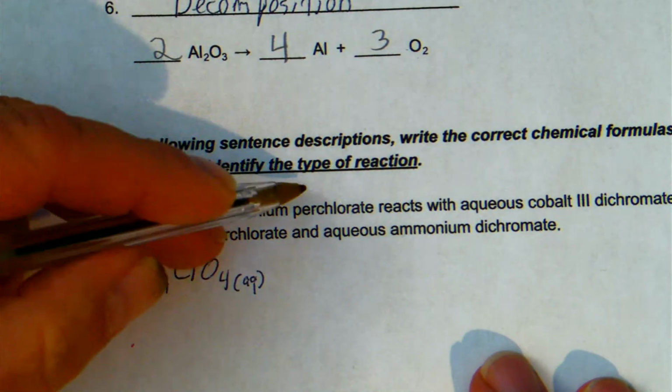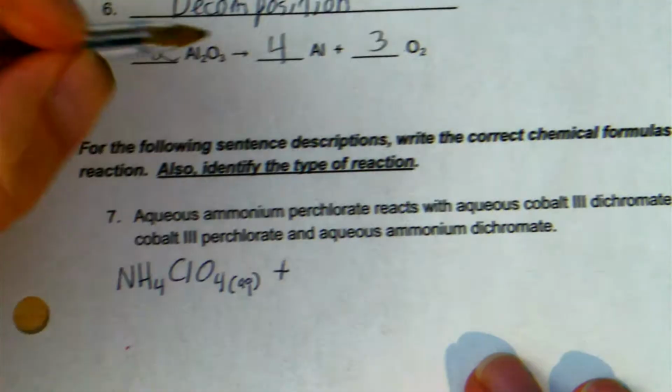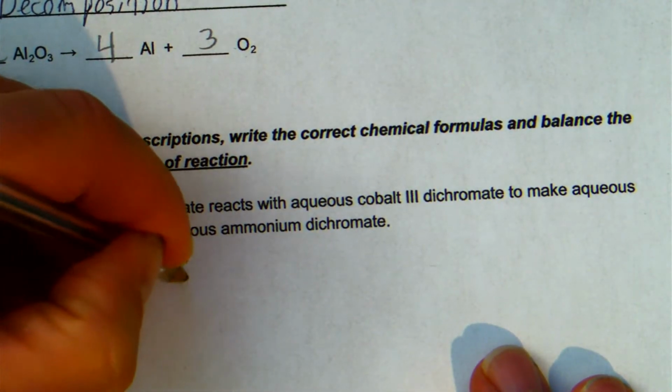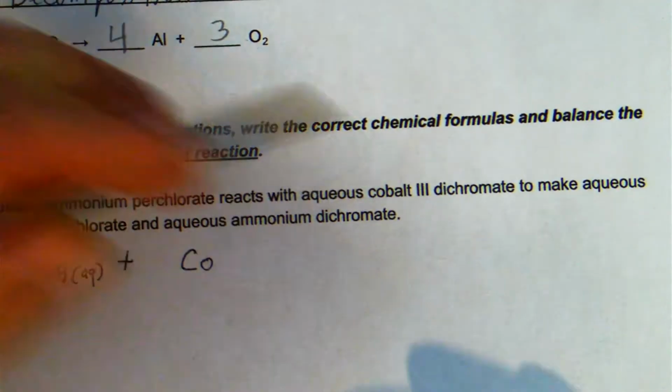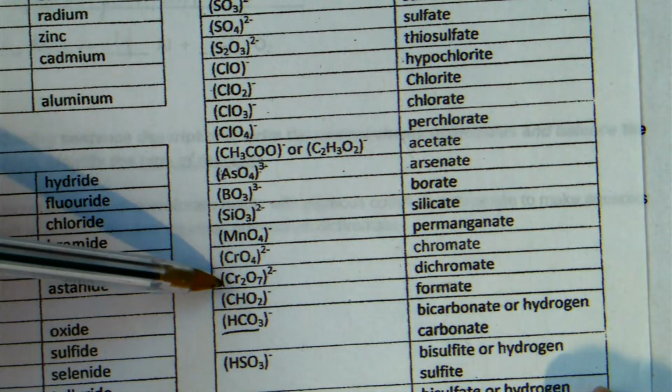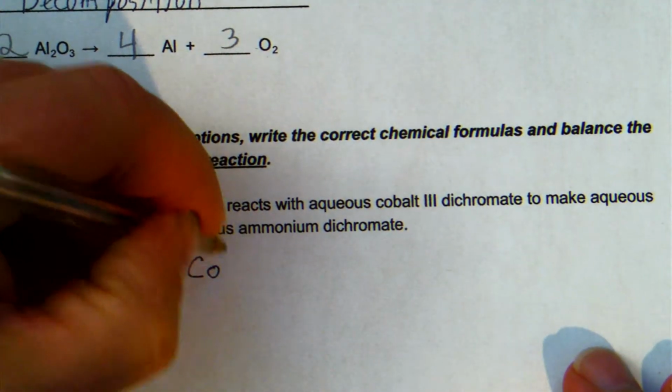NH4ClO4 reacts with, plus, aqueous cobalt-3 dichromate. Cobalt is Co. Cobalt-3 means it has a 3+ charge. Dichromate is a polyatomic ion with a 2- charge, Cr2O7. So I'm going to need parentheses.